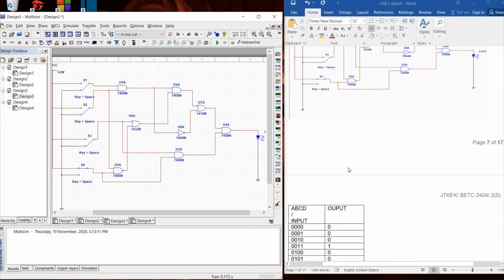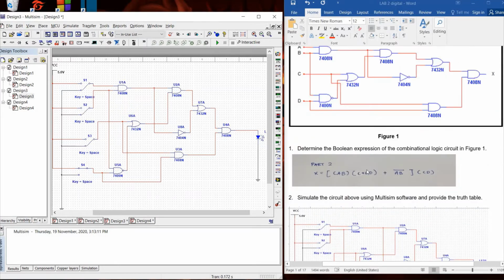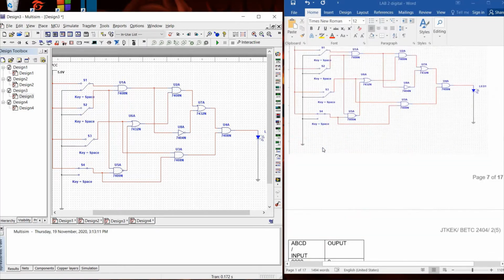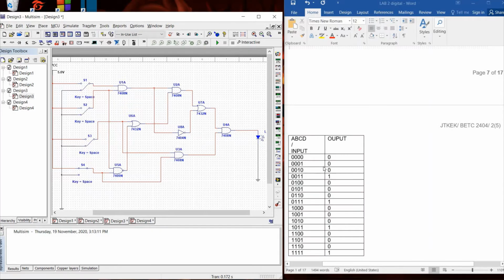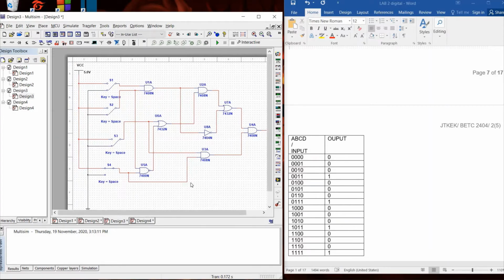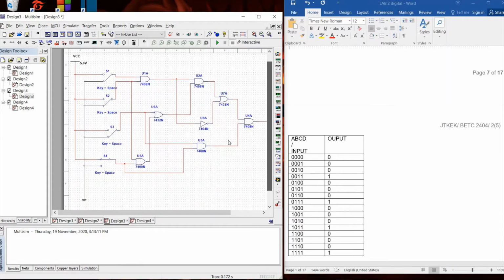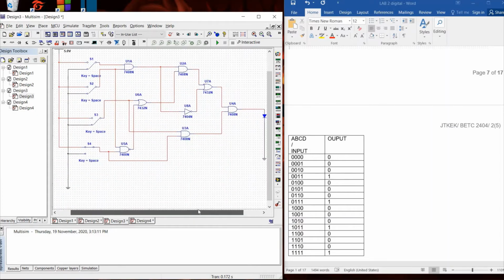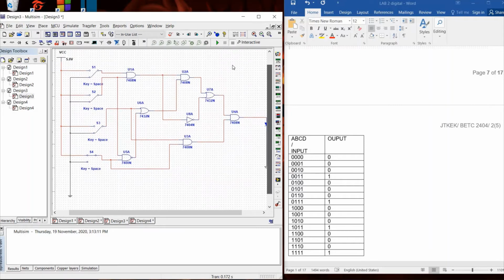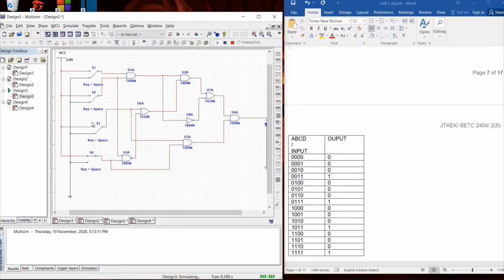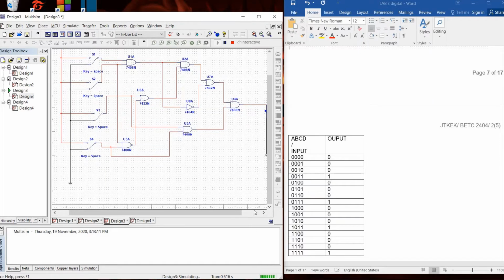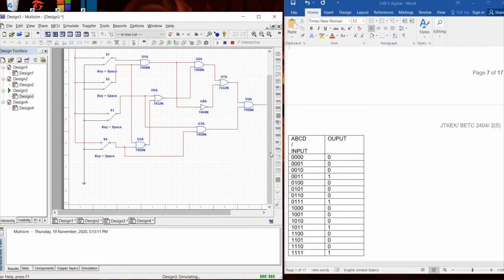This circuit has four inputs, so your input will start from quadruple 0 and finish with quadruple 1. The first input is 0 0 0 0, and my output is 0.